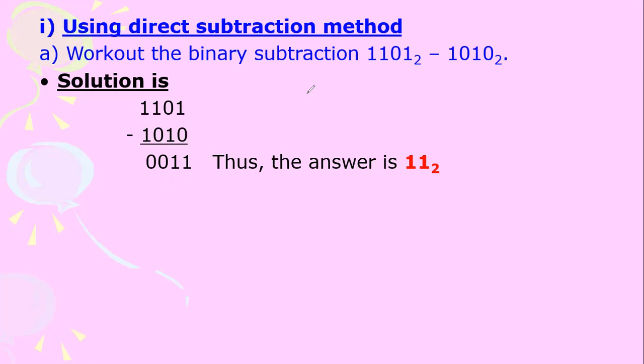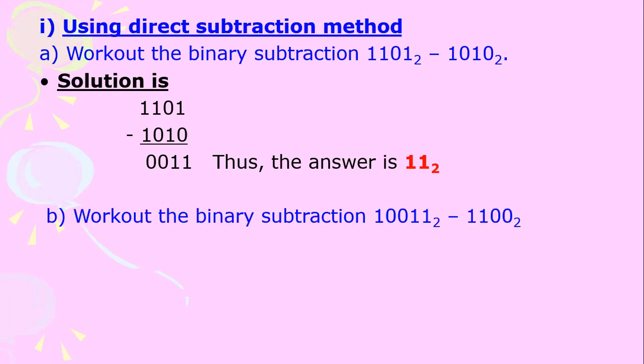And therefore, our answer becomes 1, 1 in binary. Let's now work out the other calculation, which is we subtract 1100 from 10011 in binary.